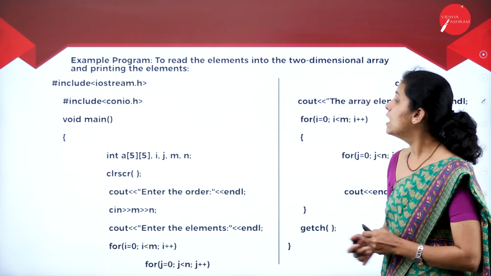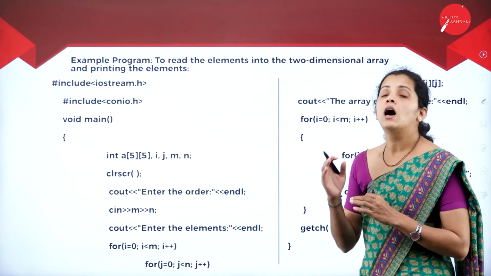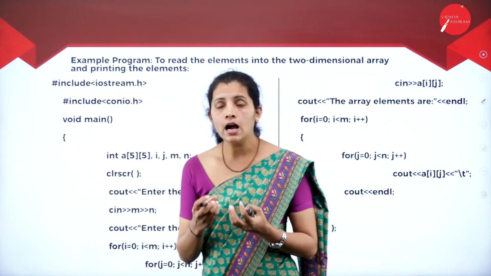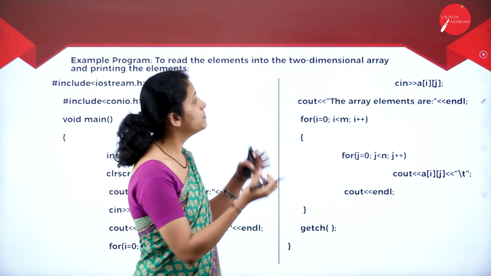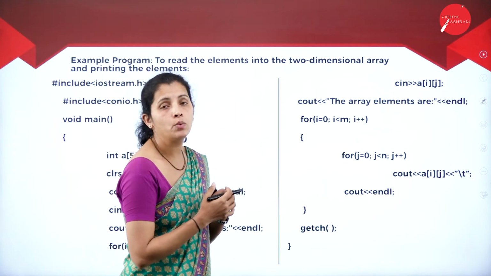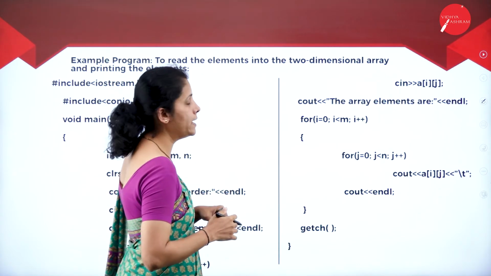Moving further, I'm going to have this simple program, that is how to read the values from the keyboard, how to store them in memory, and how to print the elements stored in my two-dimensional array.